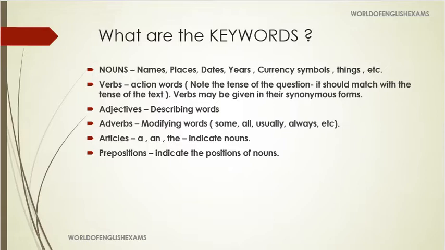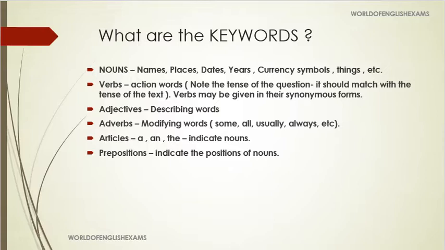So the next keywords are articles. There are three main articles in the English language. The first one is a, which indicates that the answer is a singular noun. The meaning of a, an and the is singular or one. So let's say that there is a blank which is preceded by a.